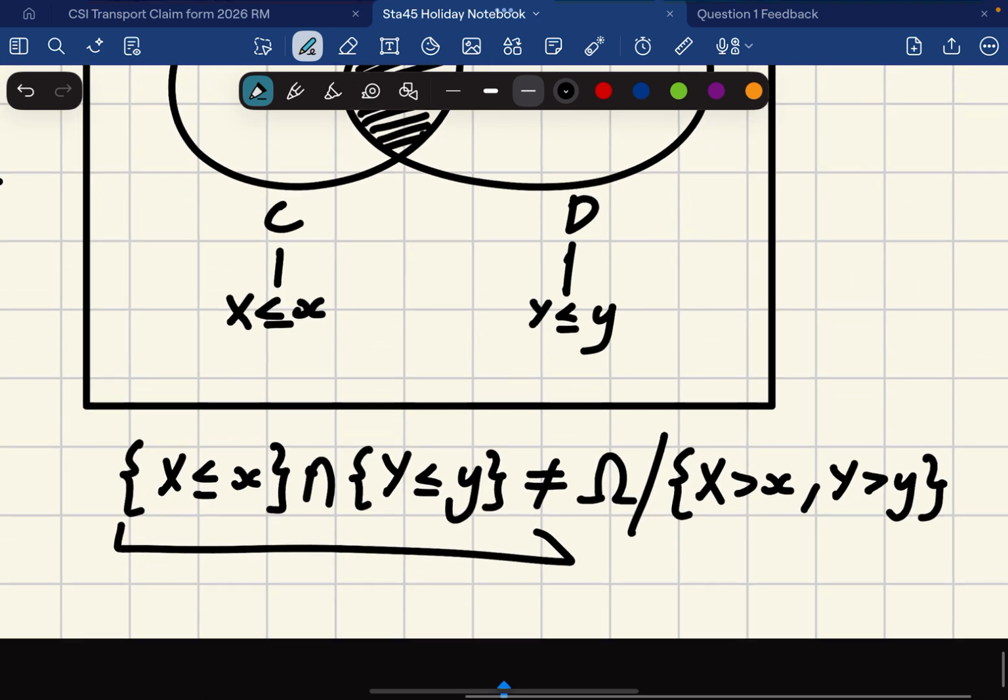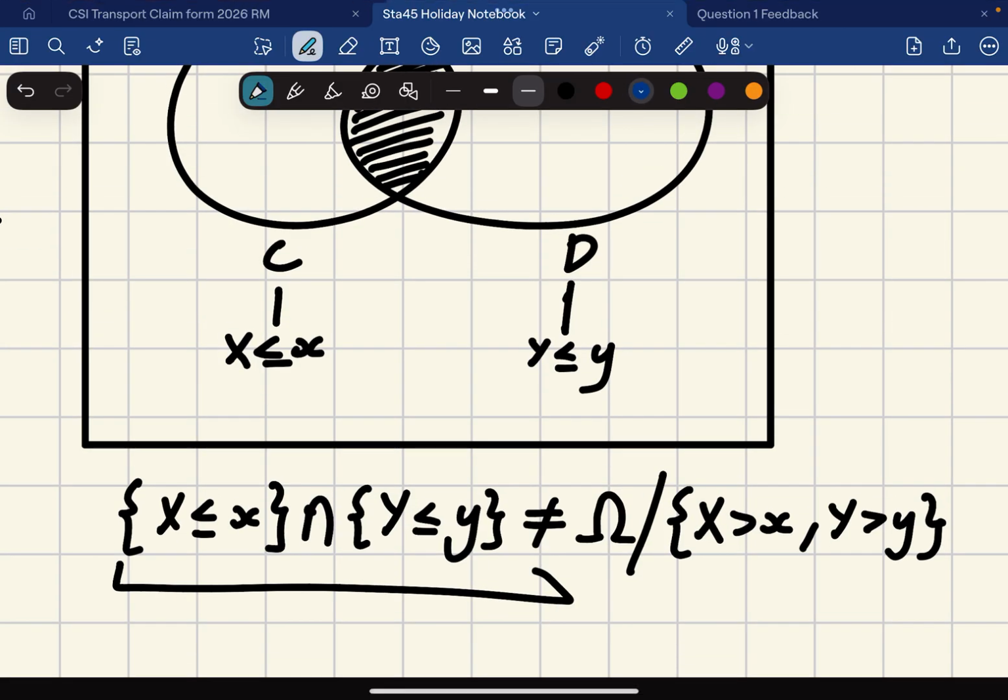So this here, which I'm going to shade with blue, is the outside.